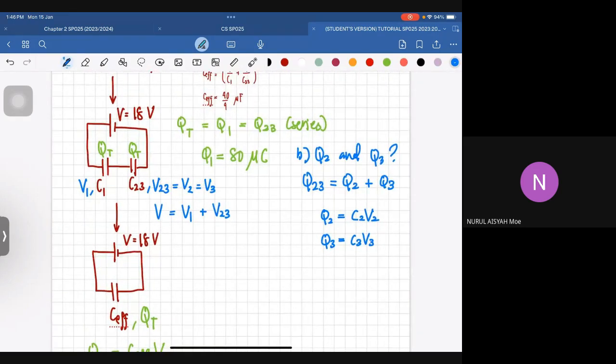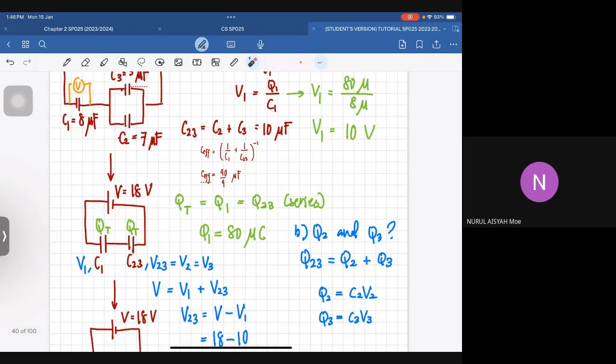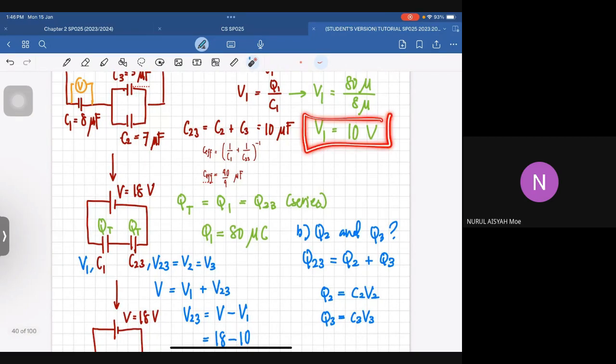Okay, so from here, we can actually get the voltage of the combined capacitor 2 and 3. So that is just V minus V1. So from here, 18 minus 10. Where do we get the 10 from? We got it from question A earlier. We already found the voltage across capacitor 1.